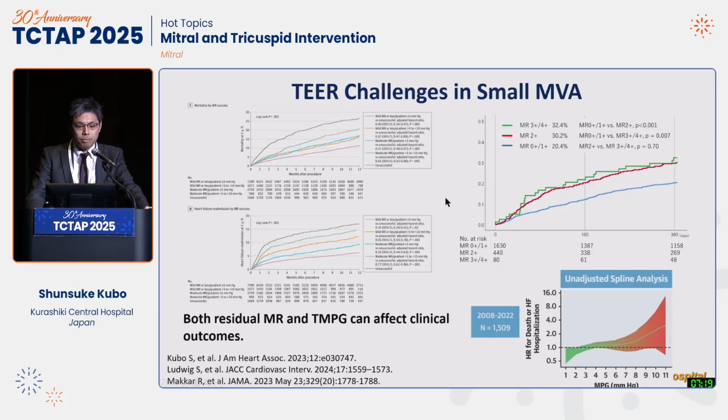So the challenge of TEER in the small valve area is the balance of the residual MR and the mean pressure gradient. The previous study shows that both the residual MR and the mean pressure gradient can affect the clinical outcomes. But in patients with a small valve area, it is difficult to balance both of these 2 factors.